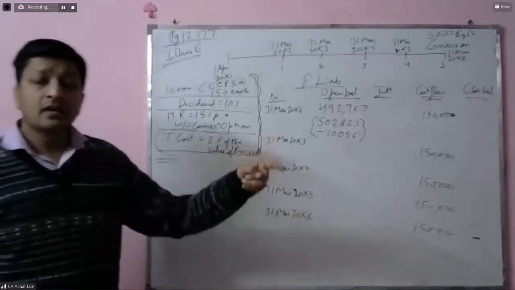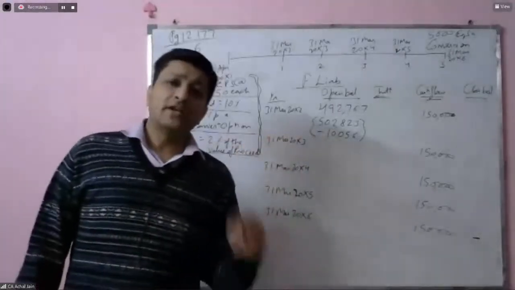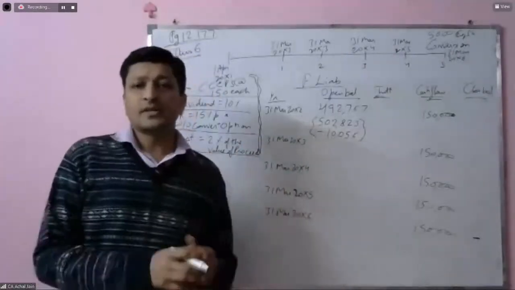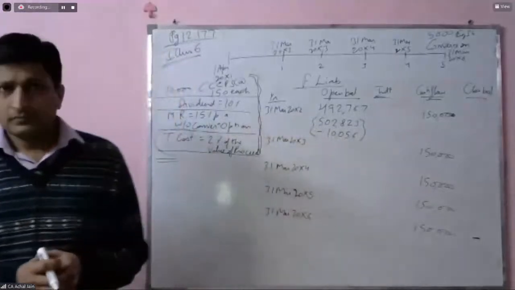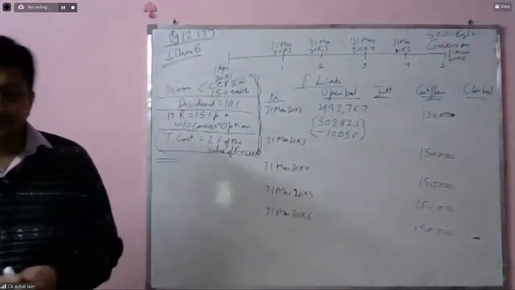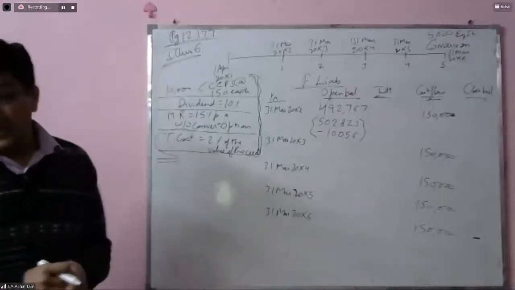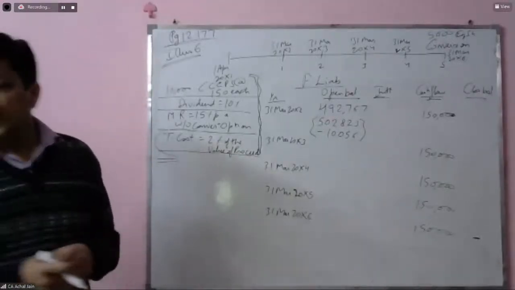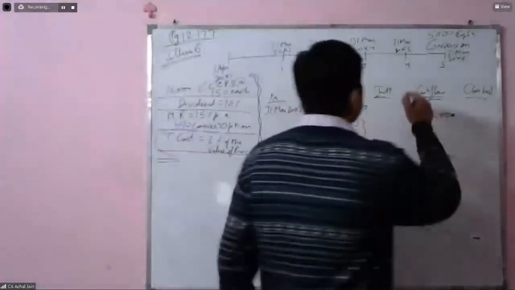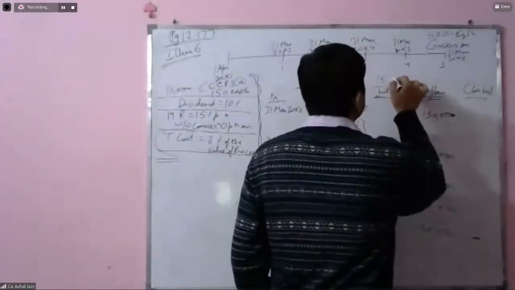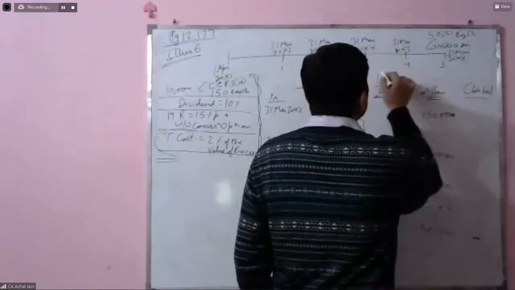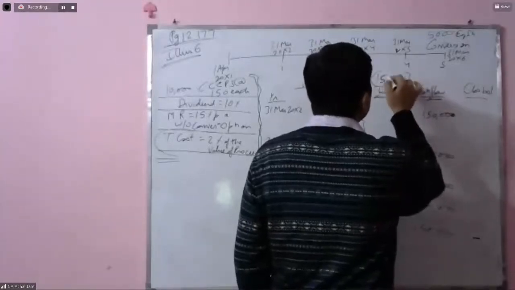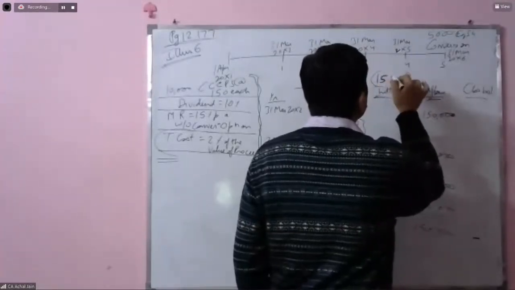That means the total value of financial liability without considering the present value. Clear? Now in the question, the effective interest rate is what? 15.86%. This interest rate is given to us, so we'll begin with this.